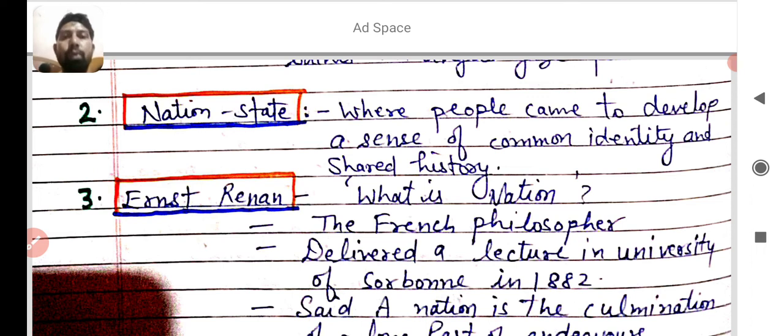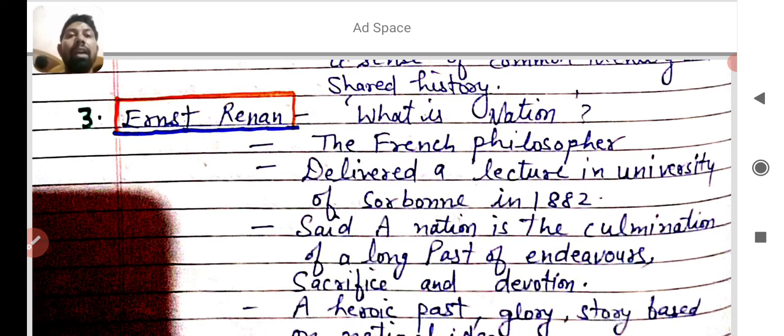Now the next question, sir, what did he tell about the nation? What was his philosophy about nation? So he said that a nation is the culmination of a long past of endeavors, sacrifice, and devotion. He told that nation is not only the thing of fighting and of the revolutionaries.